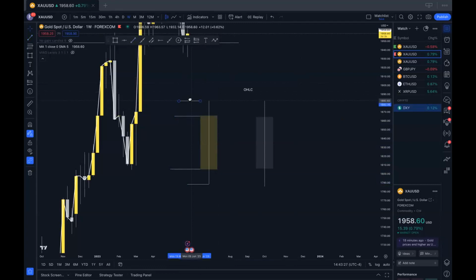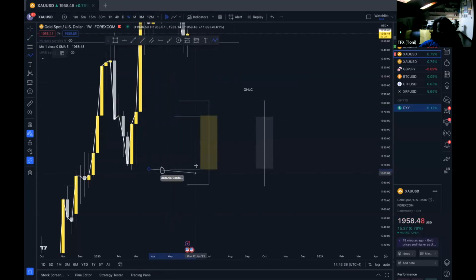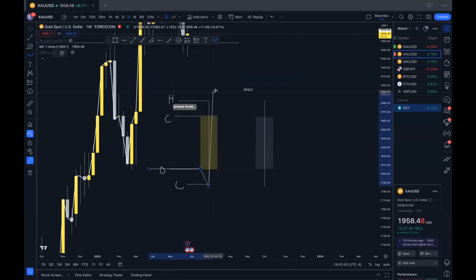For the yellow one, it opens at the bottom, makes the wick, goes above, makes the upper wick, and closes at the yellow body. Open, close, low, and high. Yep, exactly. That is the formation of a bullish candle.